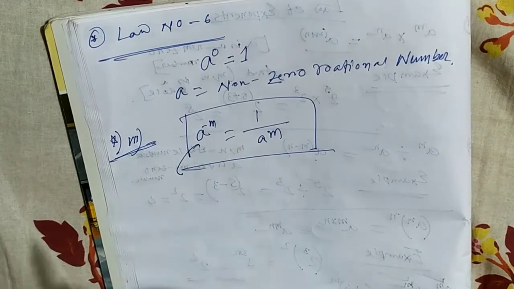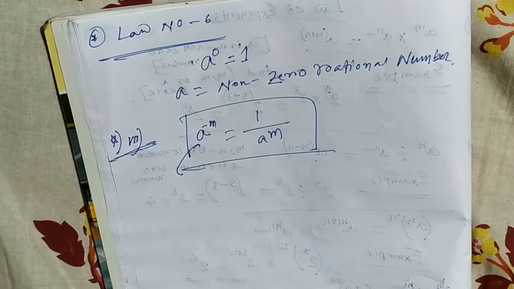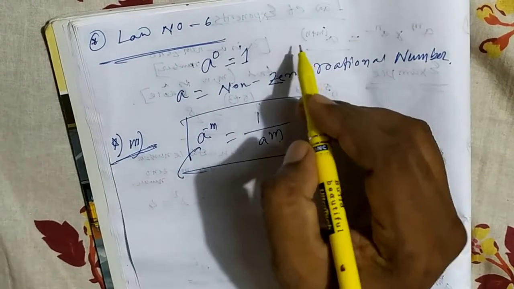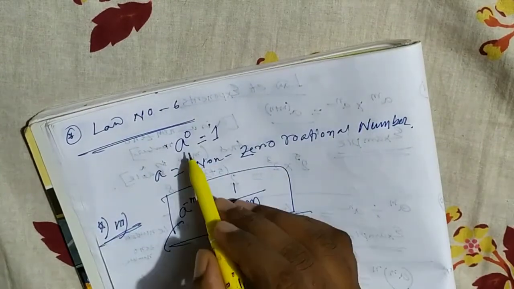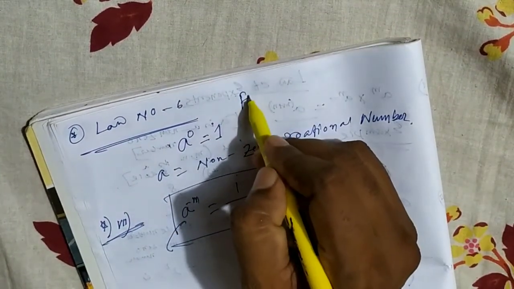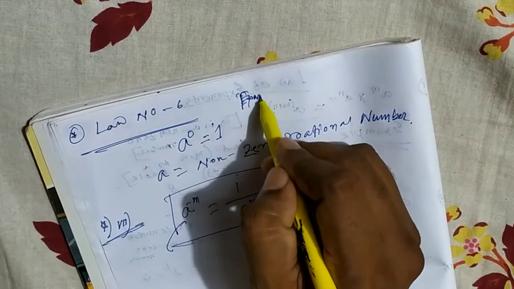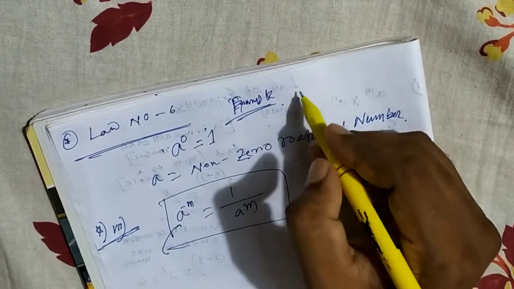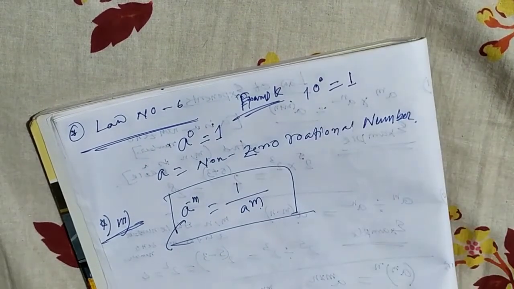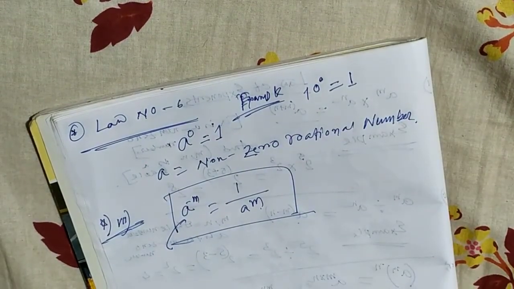Here a is a non-zero rational number and m is a whole number. In law number 6, we say that a to the power 0 is always 1. For an example, 10 to the power 0 is equal to 1.